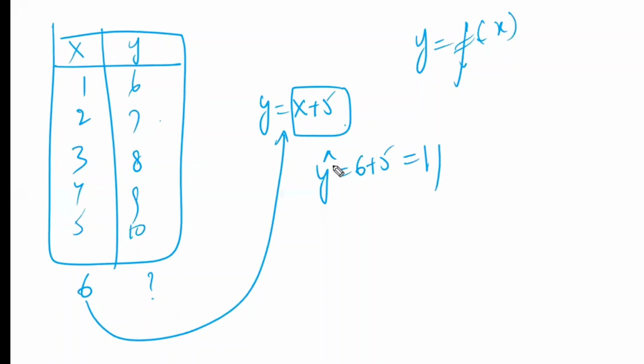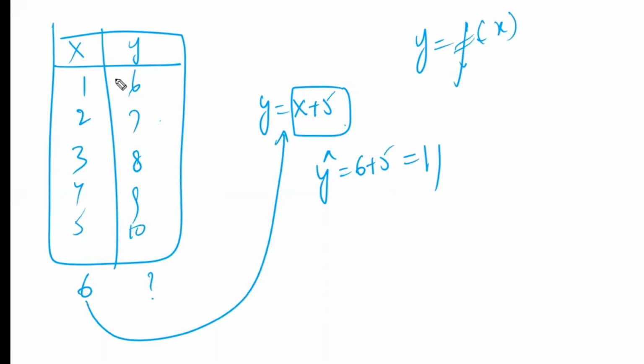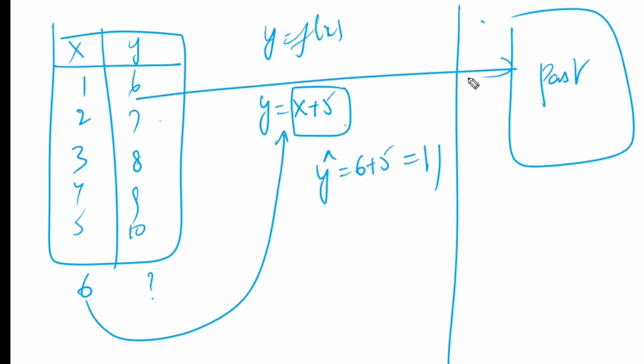This is the predicted value. Based on the model, you are predicting. That is not the actual value, it is a predicted value, predicted using your model. So what have I done? First, I have taken the past data, which is this table. From the table, I have identified the relation, that is the model: y is equal to x plus 5.